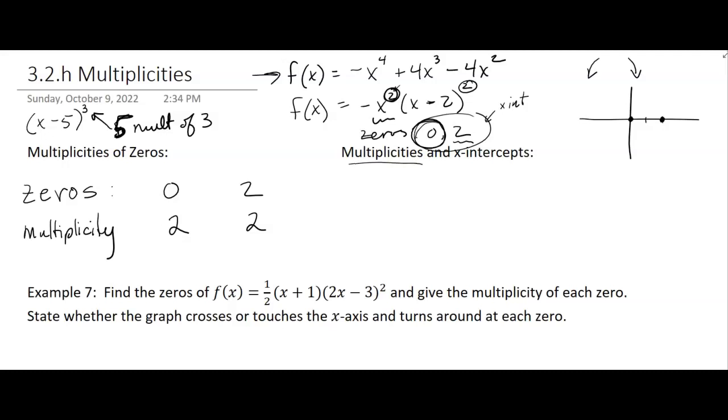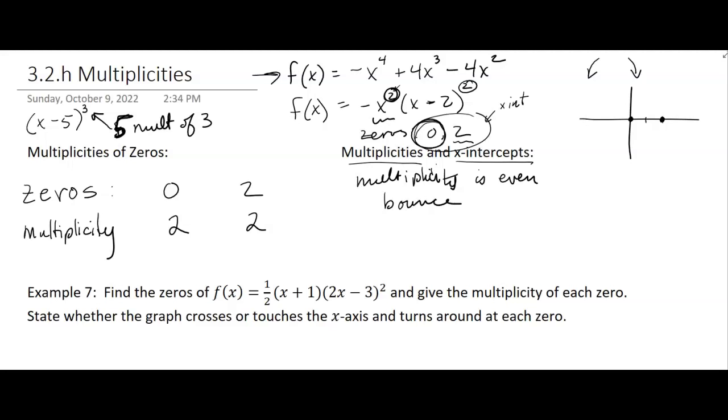But what do multiplicities tell us? They tell us behavior at the x-intercepts. If the multiplicity is even, then it's going to, I like to say, bounce.